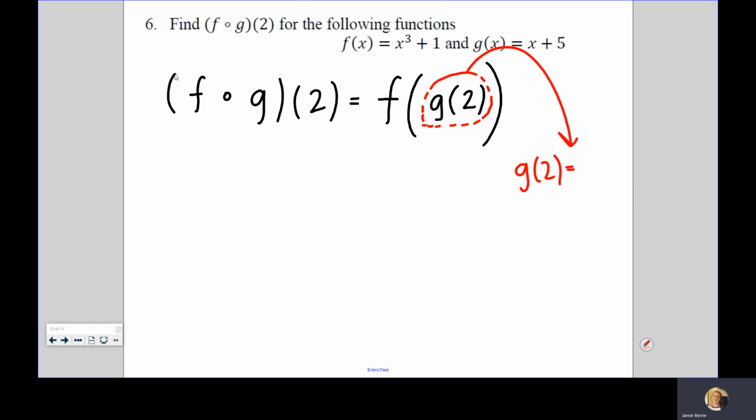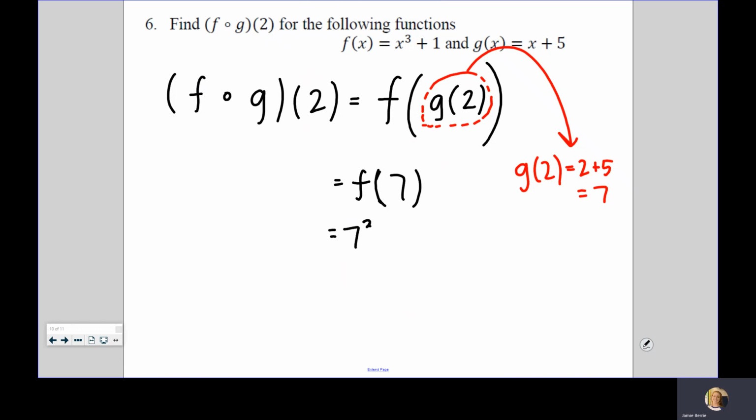All right, so plug in 2 into g. That's 2 plus 5, which is 7. All right, so g of 2 gets replaced with 7. So we have f of 7. And this is easy from here. You're just plugging 7 into your function, f. So plug 7 into f of x up here.